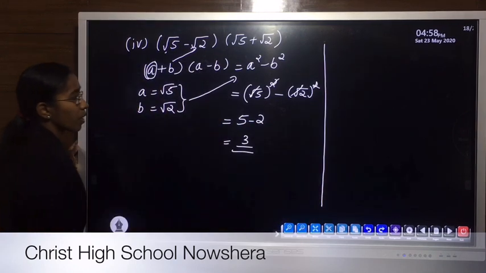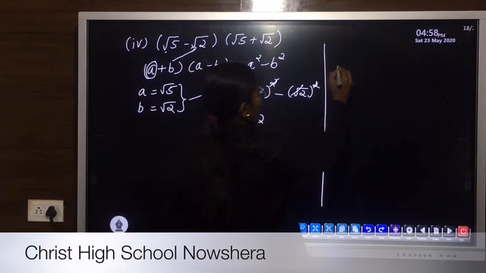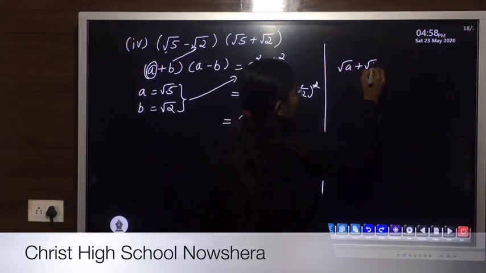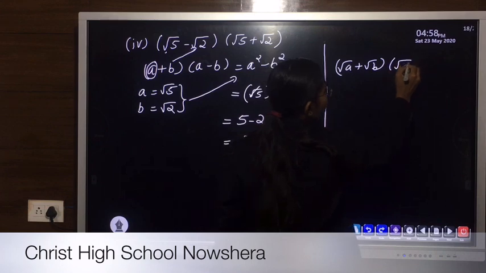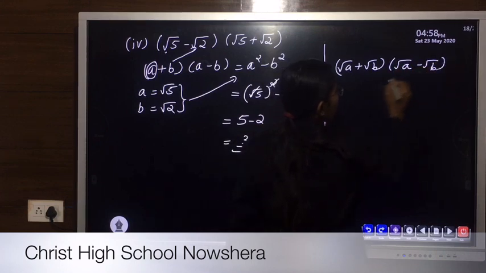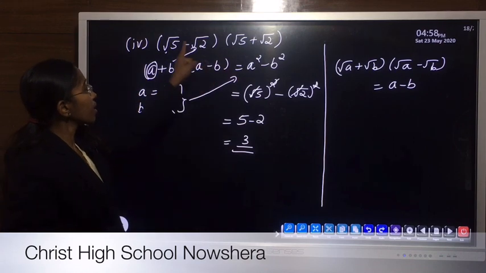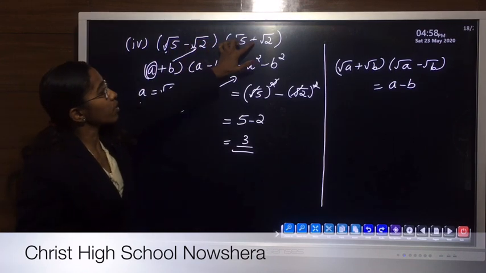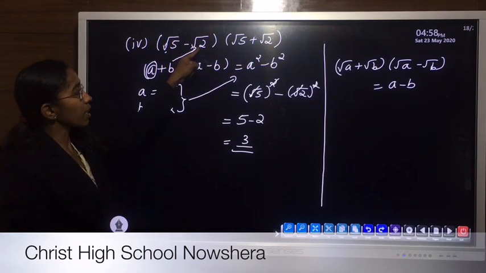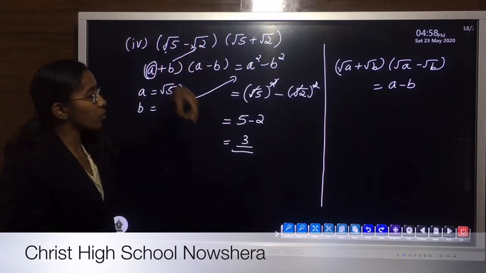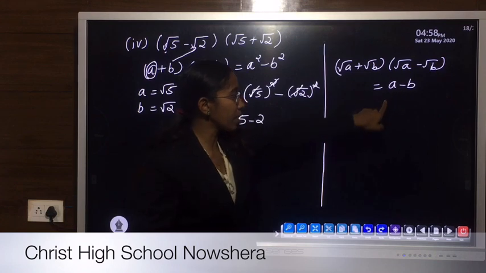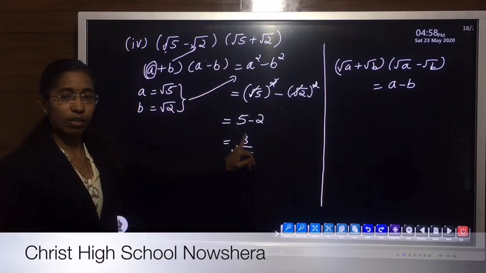In your textbook, what is your first equation? Root a plus root b into root a minus root b equal to a minus b. Here a is 5 and b is 2. Answer is a minus b, that is 5 minus 2, that is equal to 3.